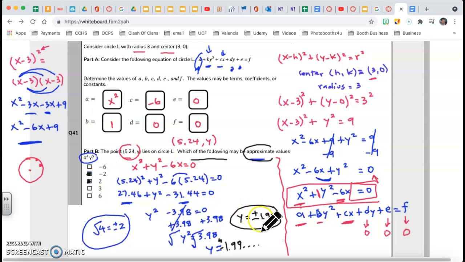When I have y equals plus or minus, I have two answers. One, positive 1.99, and the other, y equals negative 1.99. That's what the plus or minus means. I have one positive answer and one negative answer. Because I don't have the decimals, I round it, approximate positive 2 and negative 2. Okay? Alright. I think we have time for the next one.